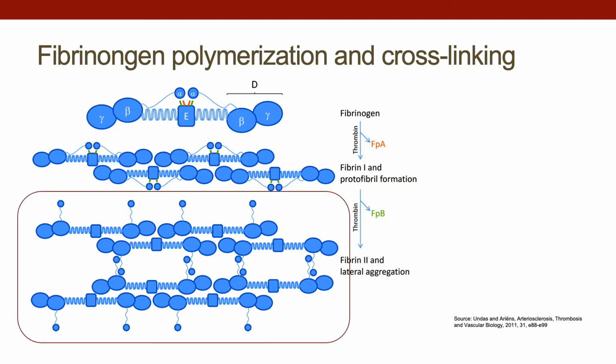What that does is release a part of the alpha subunit that had previously been bound to the middle of the rod. And then that part of the alpha subunit can stretch across from one protofibril to another, and they start to bind together and cross-link between the protofibrils, and together it forms a large structural gel that can be the clot.